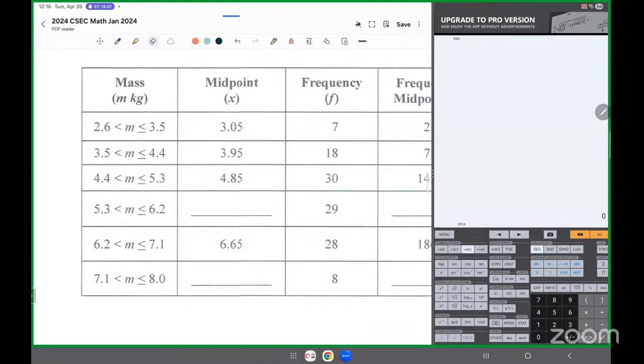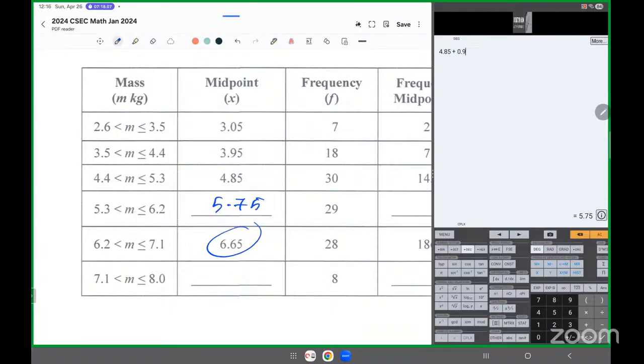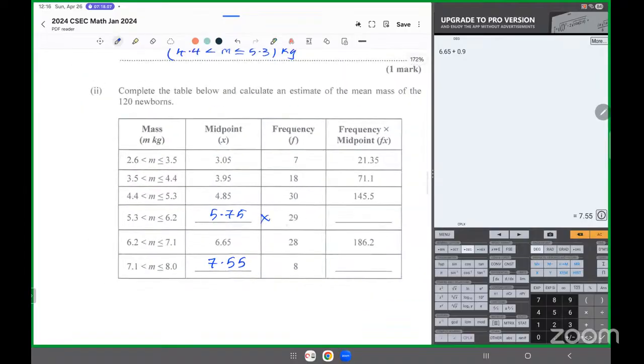So we're going to add 0.9 to this one to get this one down here. So it's 4.85 plus 0.9, that's 5.75. Add 0.9 to this as well. So it's 6.65 plus 0.9, 7.55. Now to complete this, we need to multiply these values to get the fx column.